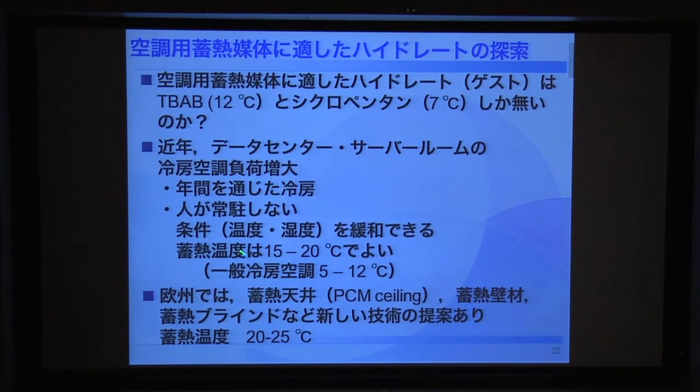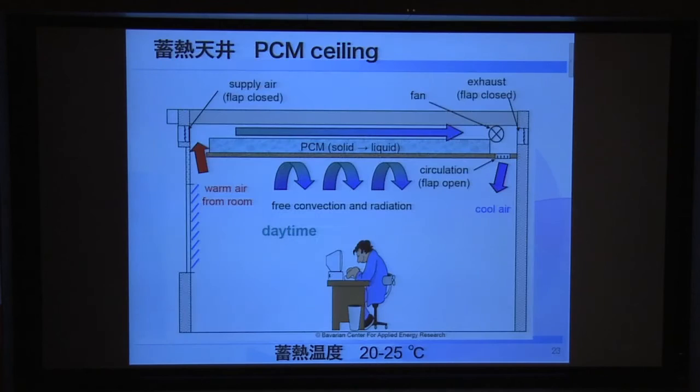Not only residential air conditioning, but server room air conditioning is in demand as well. Since there are no people in the server room, the cool heat storage temperature can be 15 to 20 degrees.